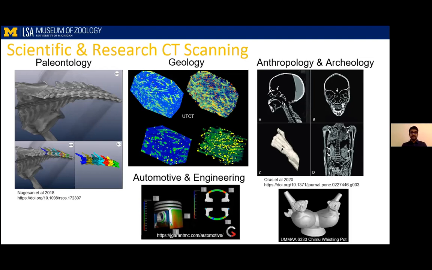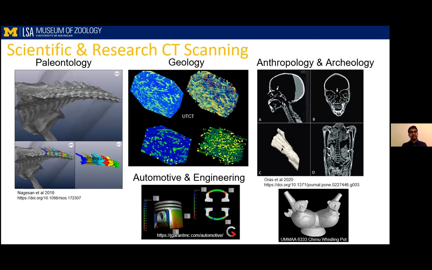Now, something that people may not be aware of is how widely used CT scanning is in industry. So most of our mechanical household objects, so everything from our cell phone to our kettle, at some point in its manufacturing process was probably CT scanned for quality control purposes.